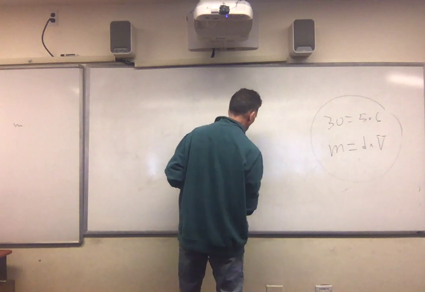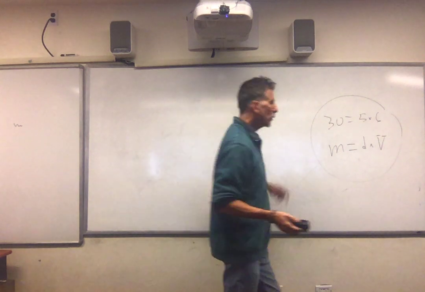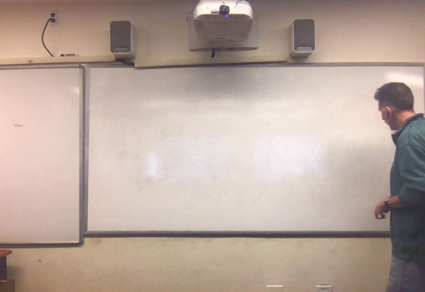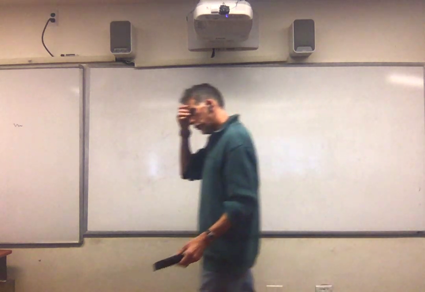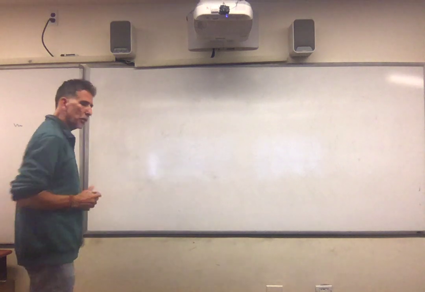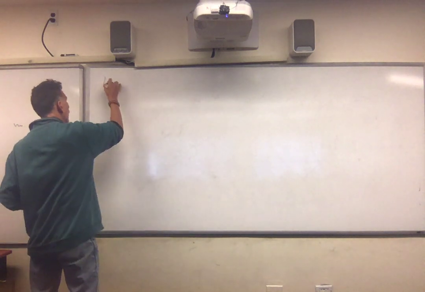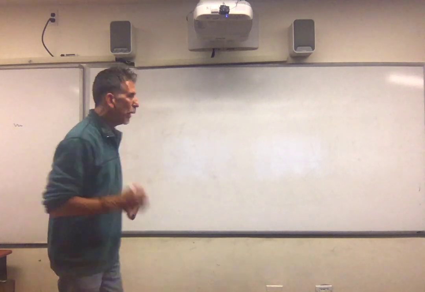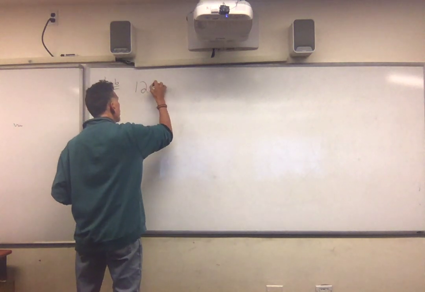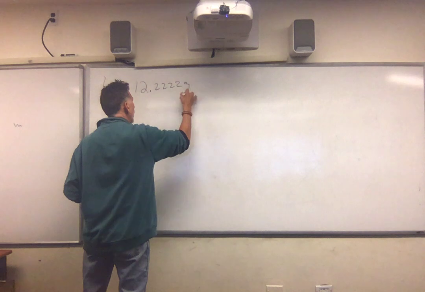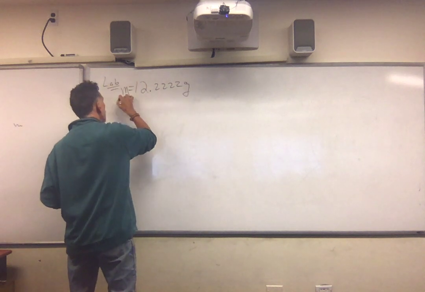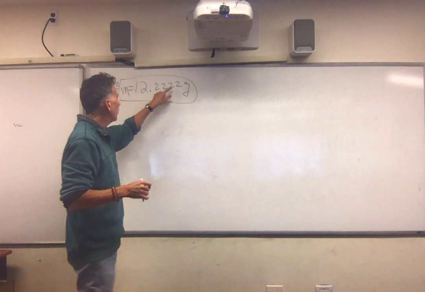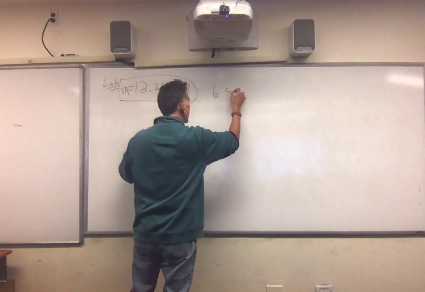Let's try to see how we use significant figures with something like density. Okay? In the lab, let's just make up something. Let's suppose you have a very accurate balance and you measure your mass to be 12.2222 grams. That's your mass. So our mass is known to 2, 3, 4, 5, 6 significant figures.